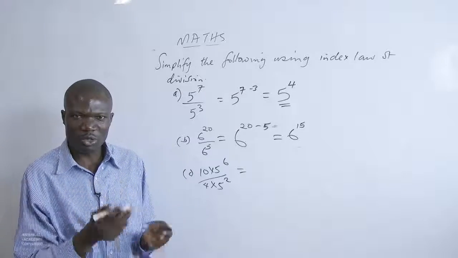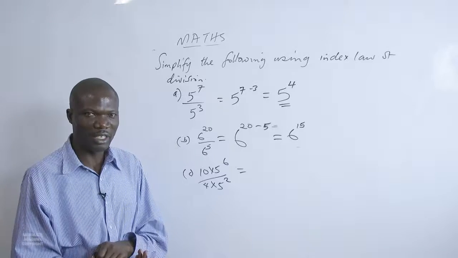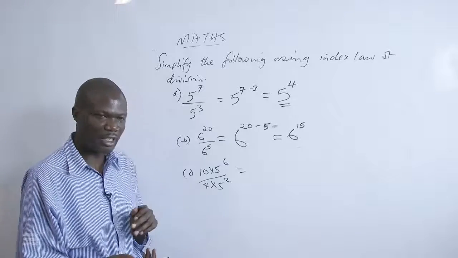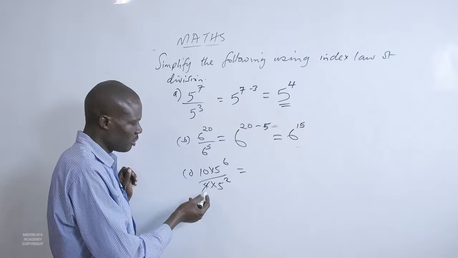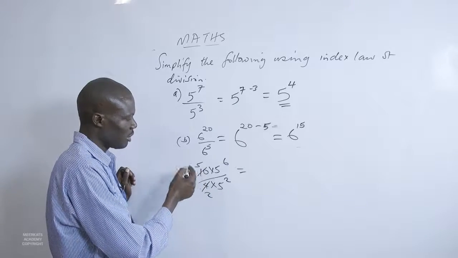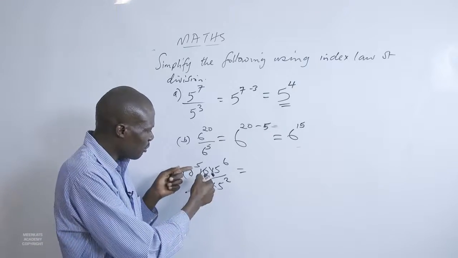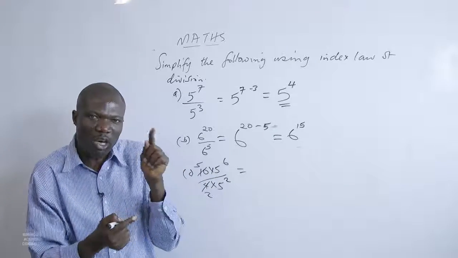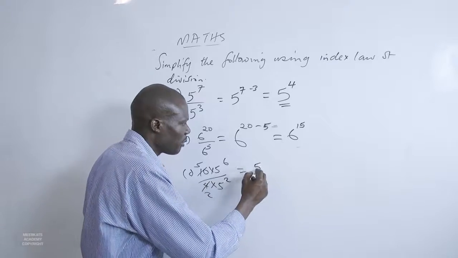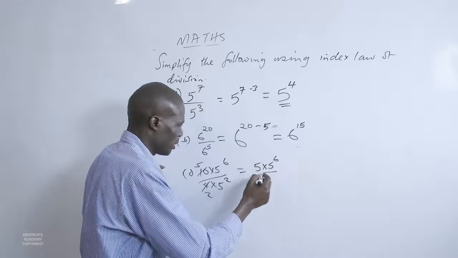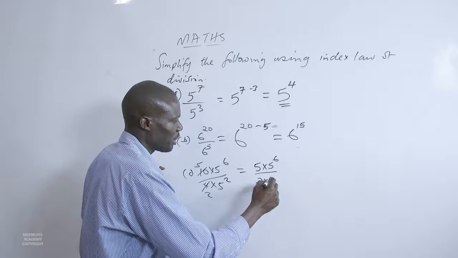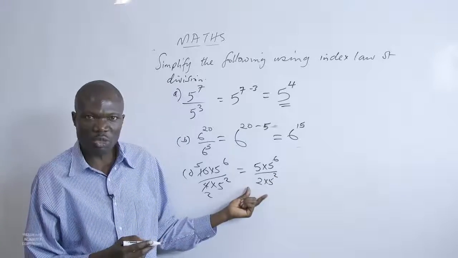What is the common factor between 4 and 10? It's 2. So 4 divided by 2 is 2, 10 divided by 2 is 5. Having done that, we have 5 times 5 power 6 divided by 2 times 5 power 2. That is what we have.